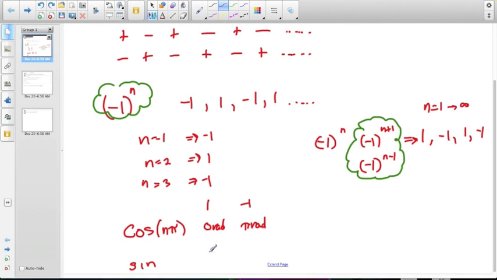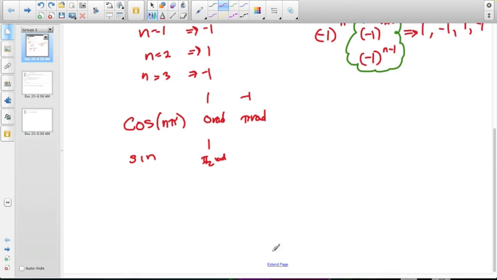Or likewise, sine is 1 at pi over 2 radians, and sine is -1 at 3 pi over 2 radians. So this one gets a little more complicated, which is why we really prefer cosine, because we have to go from pi over 2 to 3 pi over 2, so we have to count by odds.